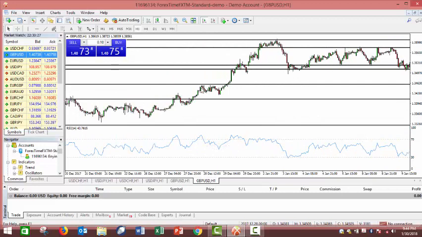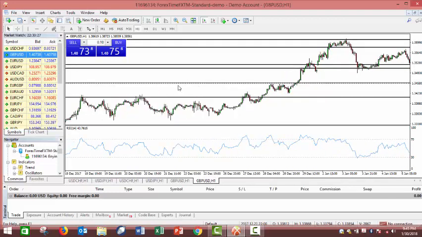When it crosses back from here to here, it should give you the 10 pips you're looking for. Let me measure it and see. This is when it crossed back inside. This small candle here is 11 pips. So you see it gives you exactly what you want.